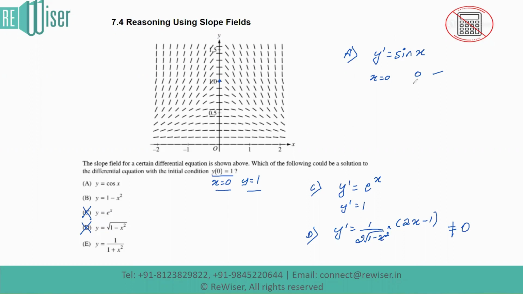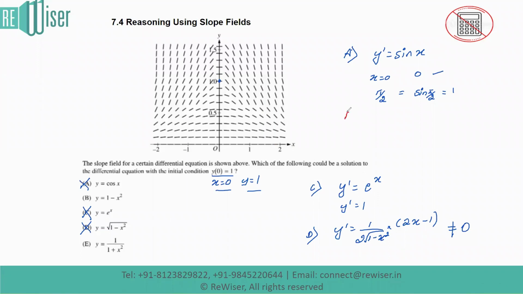But when x is, let's say, pi by 2, which is something like 1.57, sine of pi by 2 is always equal to 1. So when x is something like 1.5, the gradient of the tangent has to be around positive 1, and it should look something like this. But these tangents don't look like a positive 1. So I can easily eliminate option A.